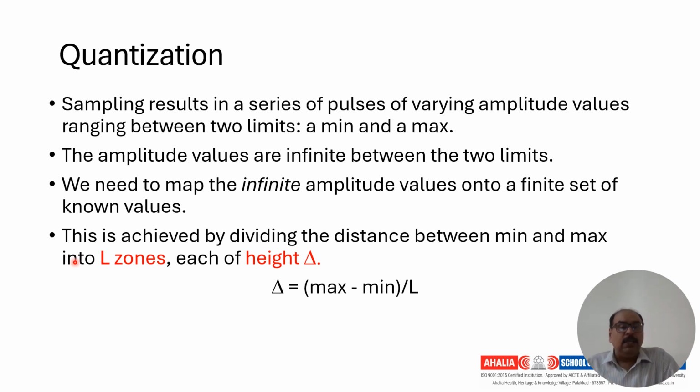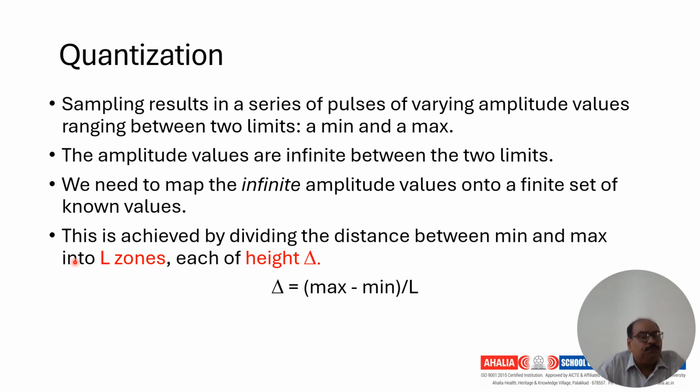Sampling results in a series of pulses of varying amplitude values ranging between two limits, a maximum and a minimum value. The amplitude values are infinite between these two limits. So we are mapping these infinite continuous amplitude values to a set of digital values, and that process is called quantization.